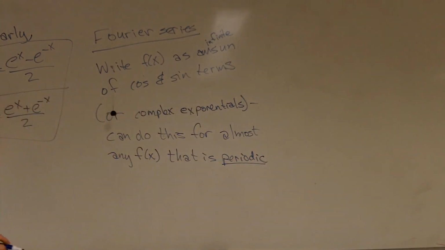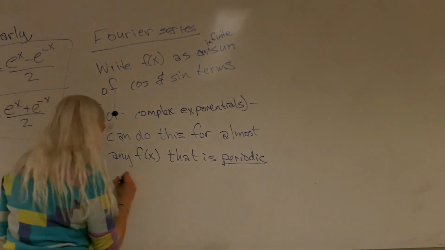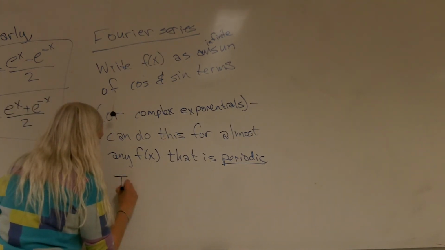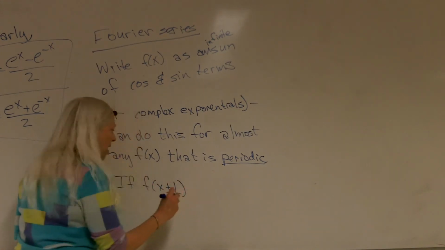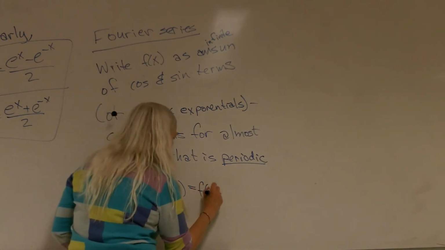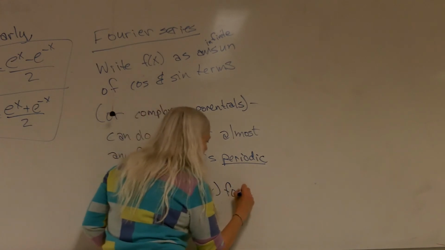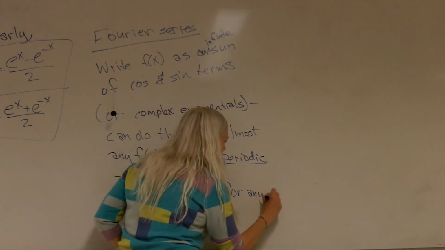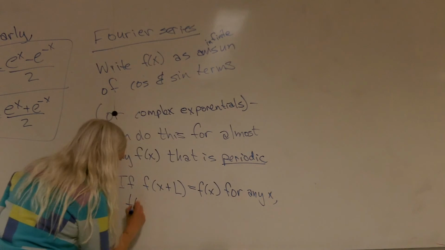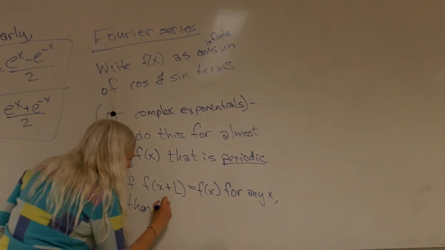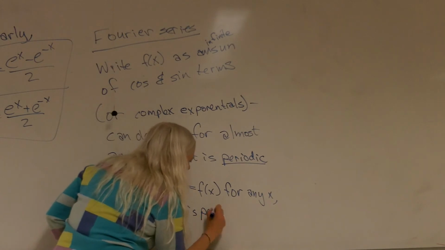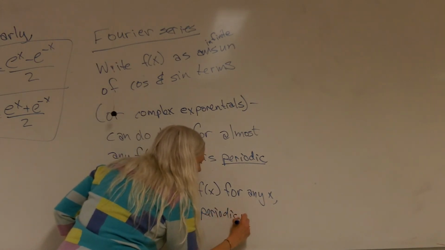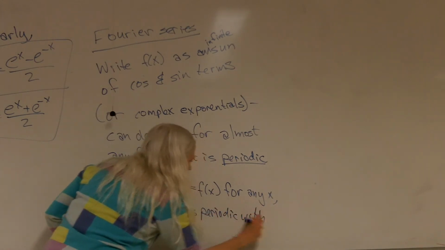What do we mean by periodic? If f of x plus L is equal to f of x for any value of x, then f of x is periodic with a period equal to L.